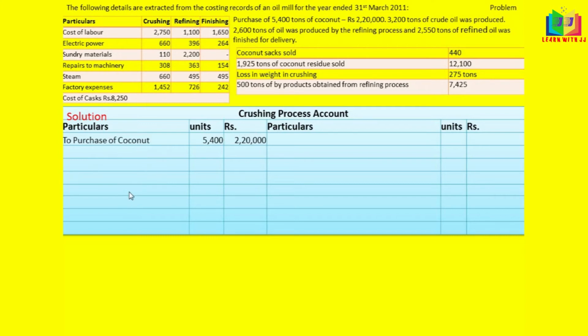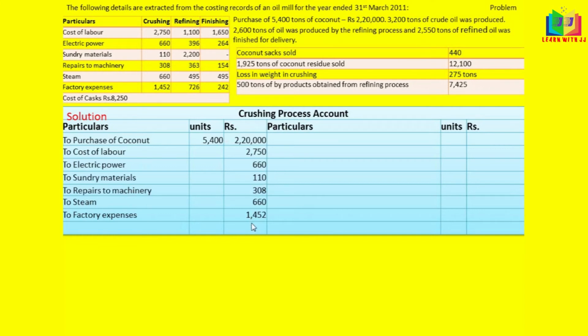On the credit side, we write coconut sacks sold, and the 1,925 tons of coconut residue sold, which earns 12,100. I have written the sale price of the coconut sacks and coconut residue.